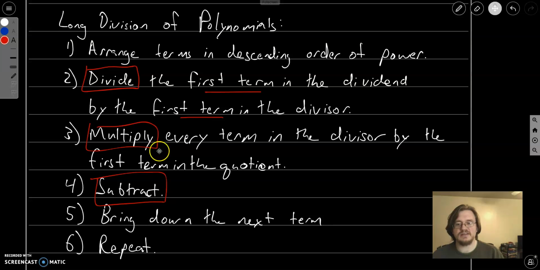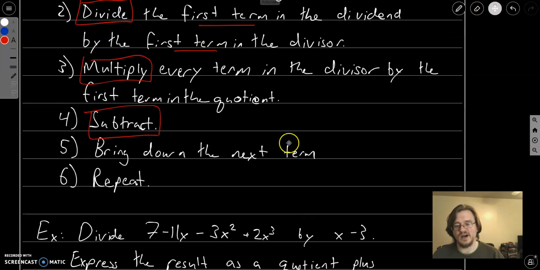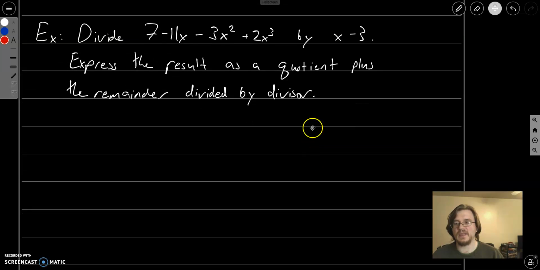Next, we multiplied our divisor by whatever we got from part 2. We then subtracted that from the original and brought down the next term. And we just kept doing this until we ran out of space. So, divide, multiply, subtract. Let's do more examples.